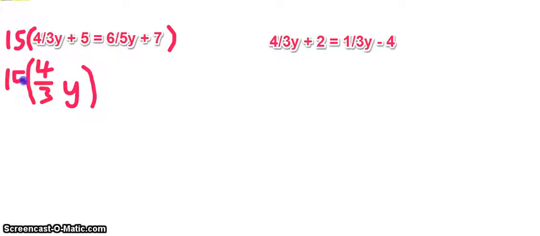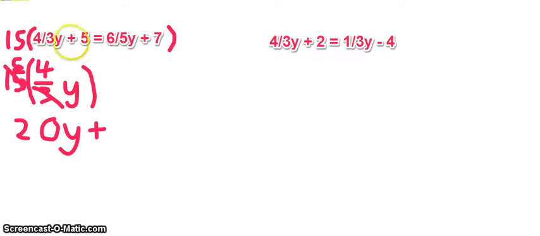After you distribute the 15 through the equation, you multiply it by each separate term. Here you can see that the 3 is going to go away, and the 15 will turn into a 5 after you divide it by 3. So therefore, you'll get 20y plus 15 times 5, which is going to give you 75.